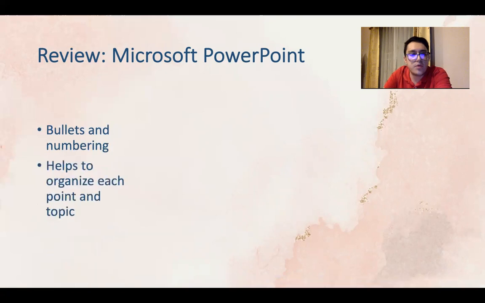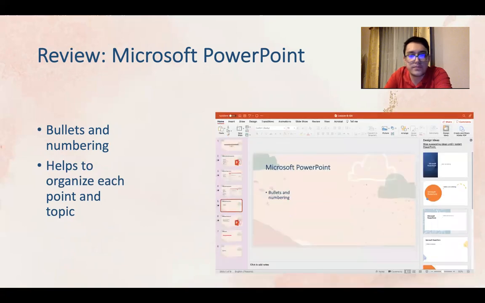Bullets and numbering. It helps to organize each point and topic. It's more straightforward, and it can help you to organize each topic and everything that you want to talk about. So this is a bullet, and you can find it here on the top in the middle in the Home tab.